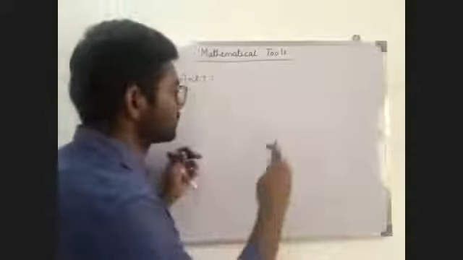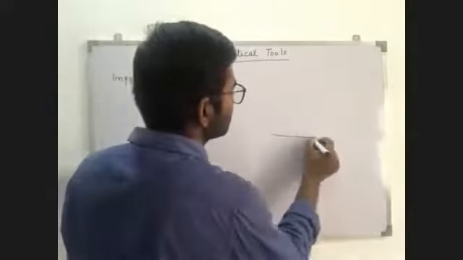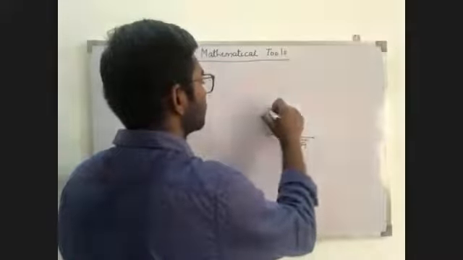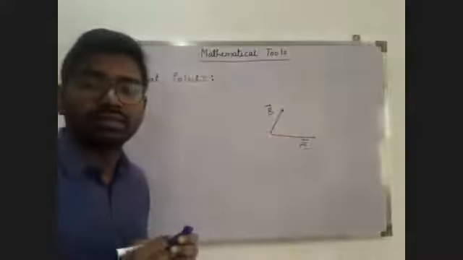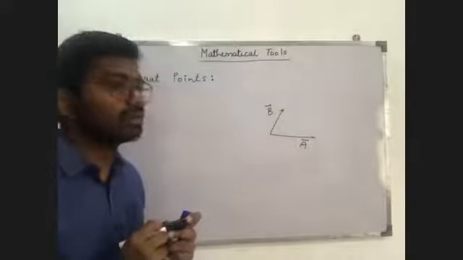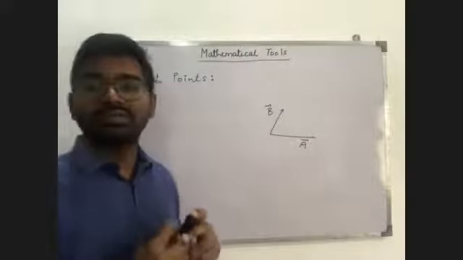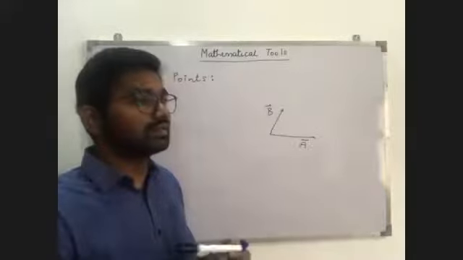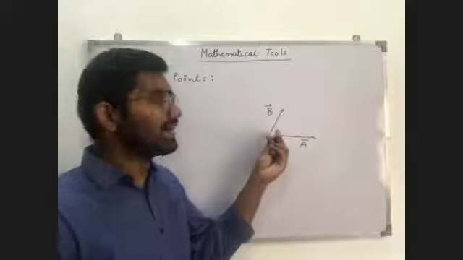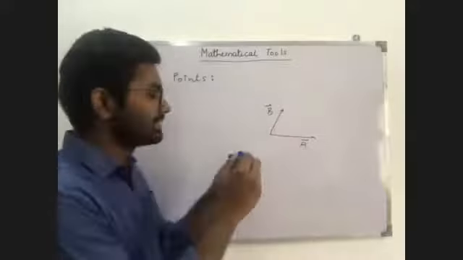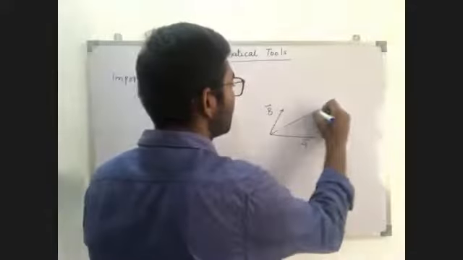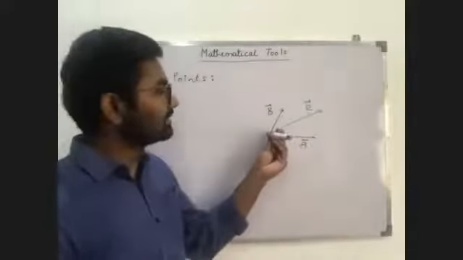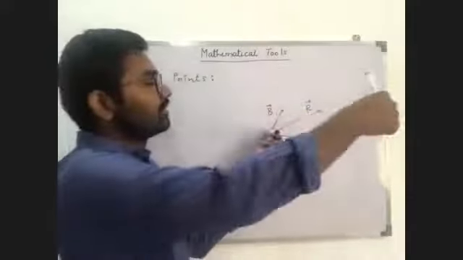Let's suppose one vector is A, one vector is B, and let's suppose vector C is outside. Can I say that vector A and vector B will have a resultant like this, and vector C is going to be like this, then the resultant will be somewhere here.